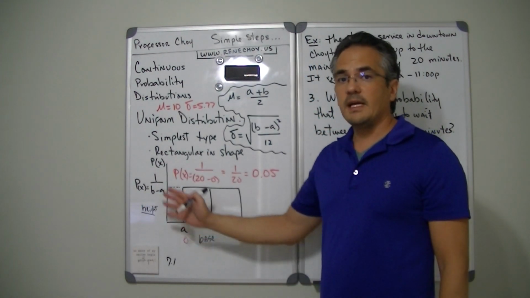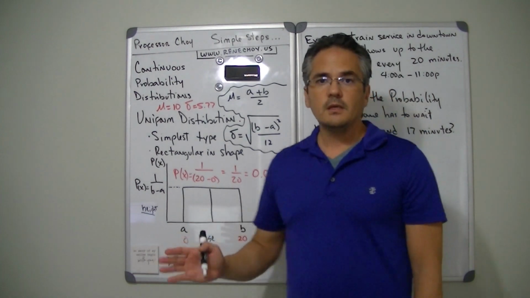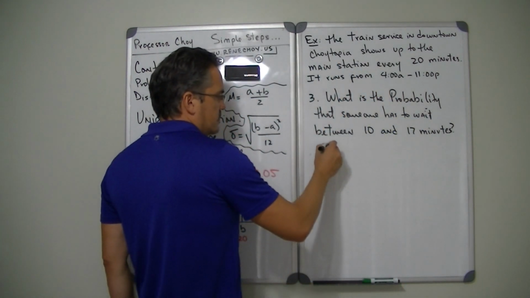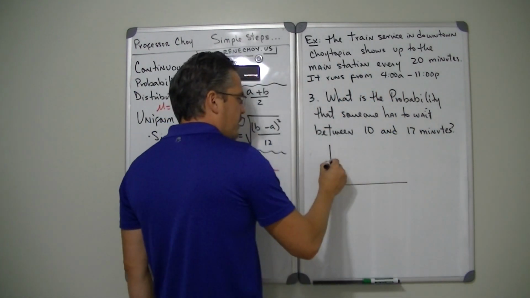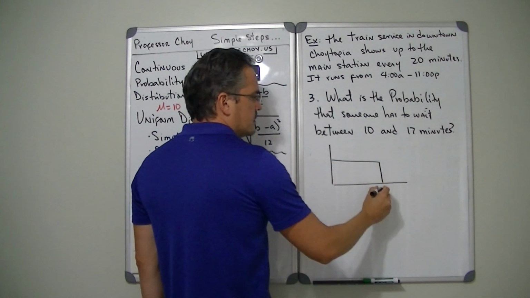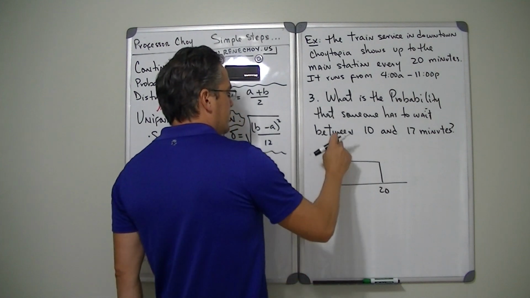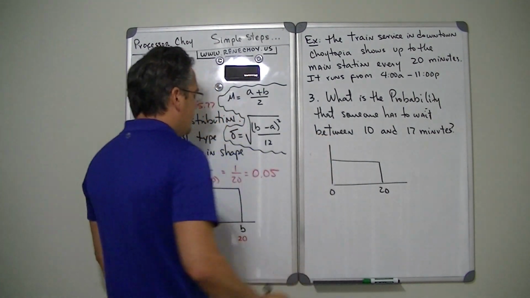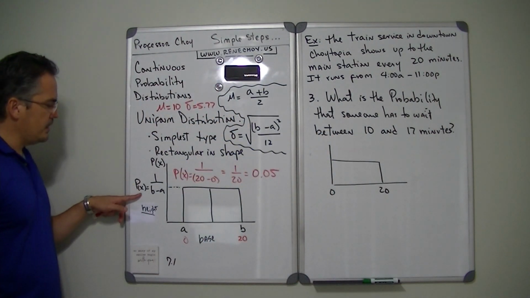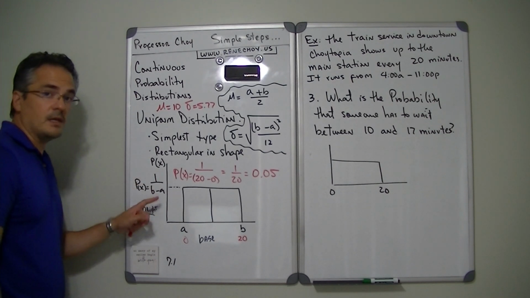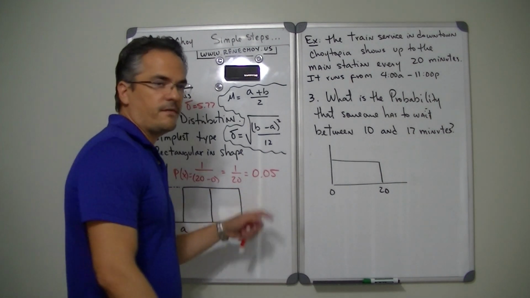And now we've already kind of set up our graph over here, okay? So we're going to start with our setup graph. We know it's a rectangle. We know it ends at 20 and starts at 0. Then we know that the probability of each individual minute, which we already calculated here by doing 1 over (b minus a), is equal to 0.05.